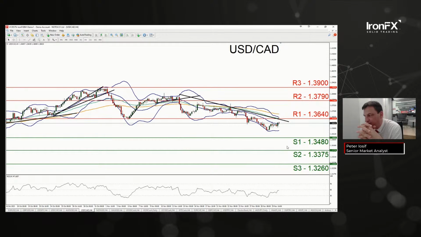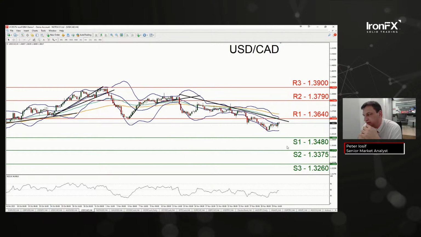The interesting part here is that we have 1, 2, 3 averages, namely the 100 moving average in orange, the green moving average, which is the 50 moving average, and the blue one, which is the median of the Bollinger Bands, the 20 moving average, all are pointing downwards. And they have not picked up on the stabilization of the pair just yet.